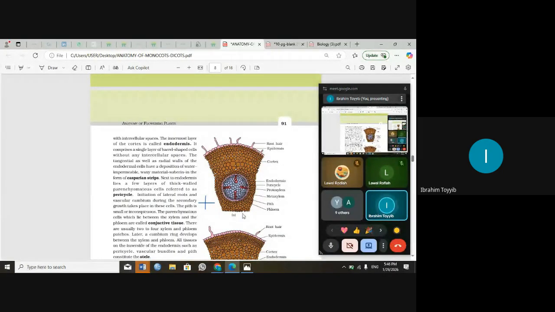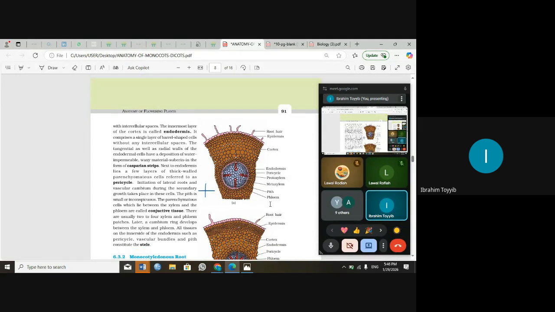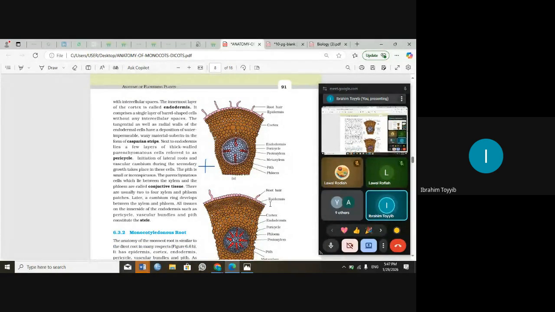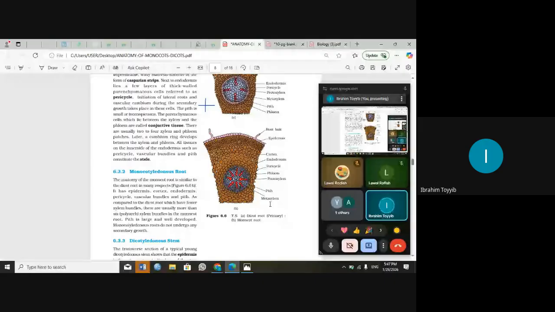And we also have the xylem and the phloem. So what's the function of xylem and what's the function of phloem?